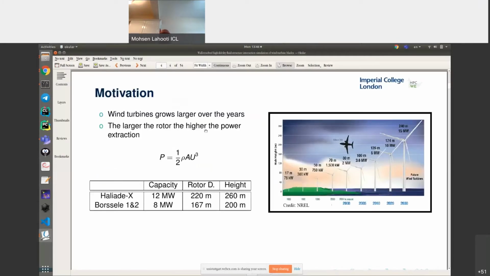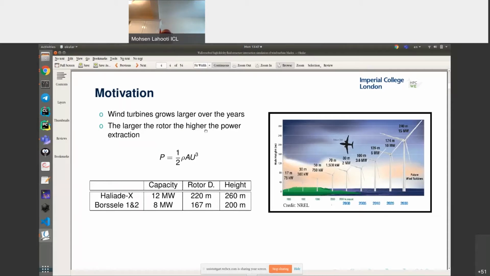As you are well aware, wind turbines over the past few decades have grown in size to increase the individual power extraction of each turbine. As the power is proportional to the area of the turbine, one way is to increase the rotor diameter to increase the exposed area to the incoming flow.